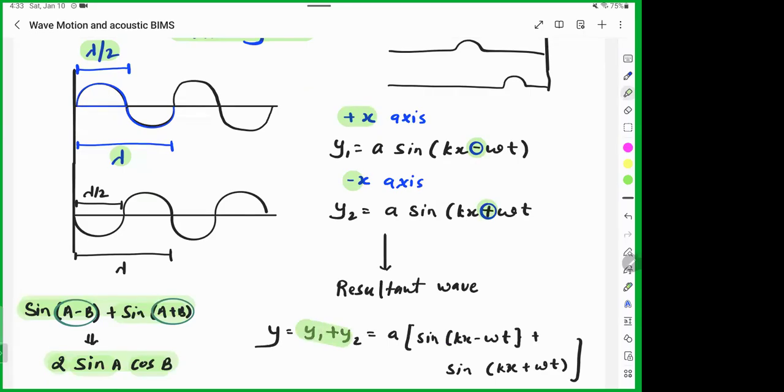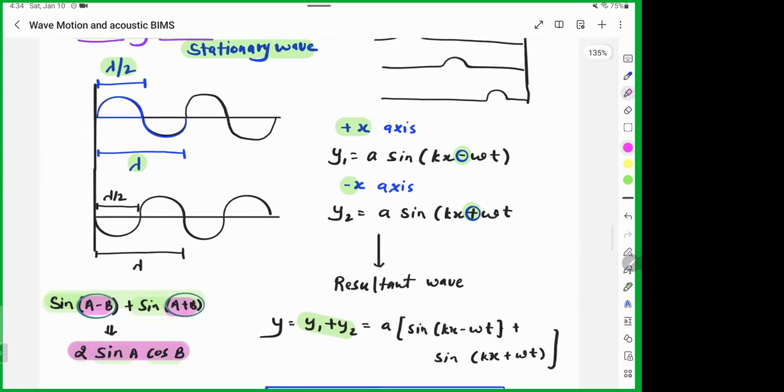Y1 plus Y2, the addition of both. A will be common. It looks like sine(A plus B) plus sine(A minus B), which will be equal to 2 sine A cos B. This is the trigonometry formula.